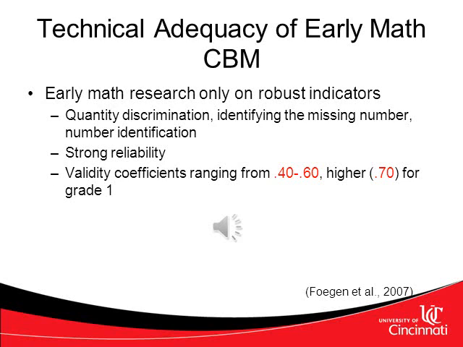Identifying the missing number, where students are given a sequence of 3 to 4 numbers and they're to fill in the blank with the missing number. And number identification, where they're just given a probe with a bunch of numbers on it and asked to name the numbers. And there's strong reliability, and the validity coefficients were a little lower than we saw for the elementary measures, but they do get higher when we get into first grade.